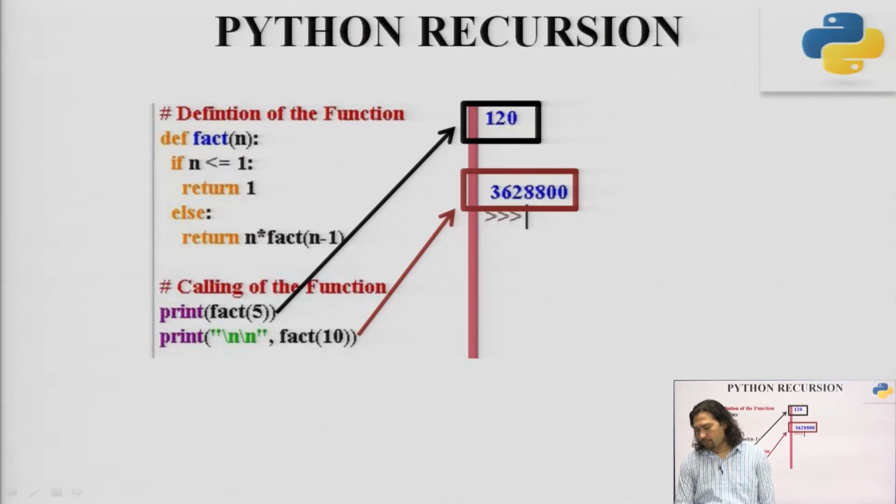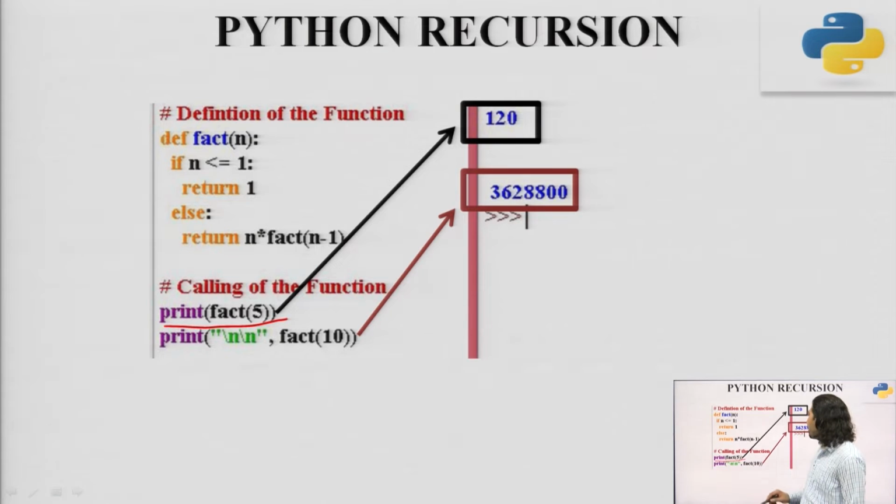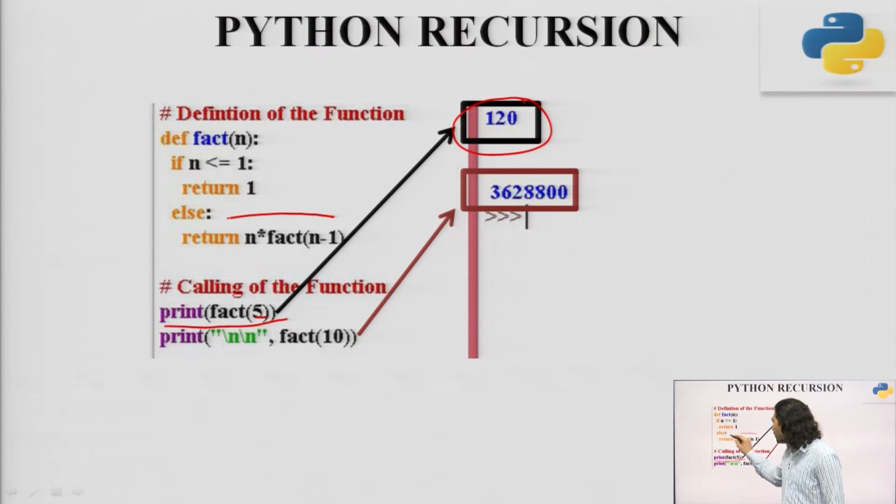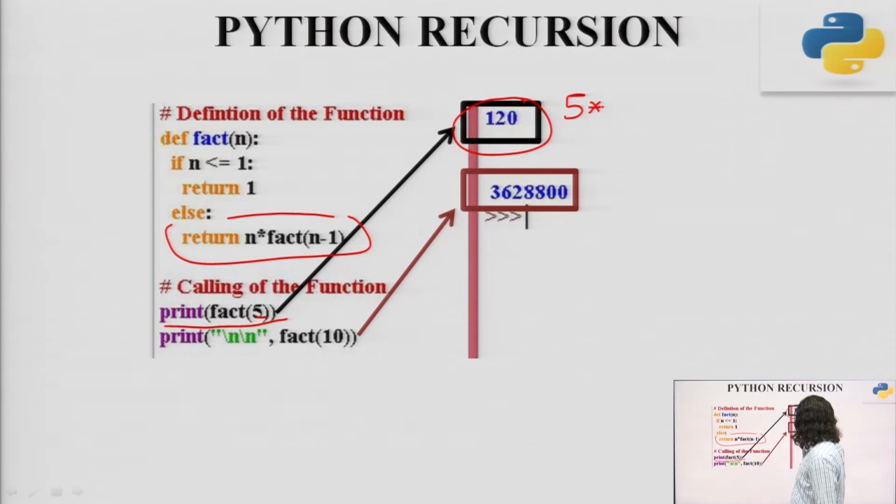Now, look at the example running in the Python window. Here we are running this function and we are calling factorial 5. That means the number value is 5 and you can see the output, it is 120. So, how is it going to create it? First the 5 value is going to call this statement: 5 multiplied with the factorial function of 4.